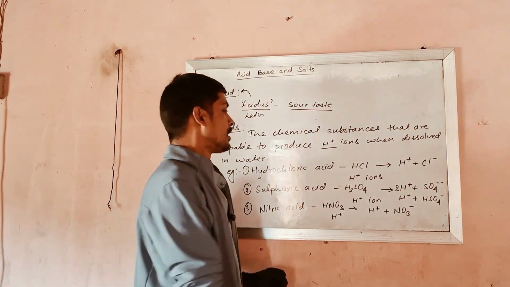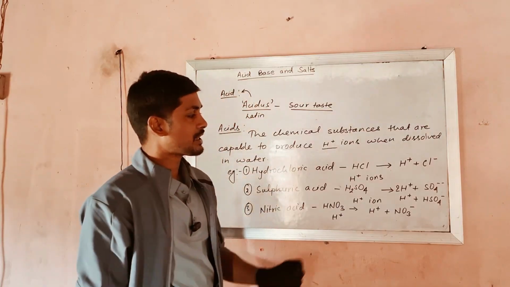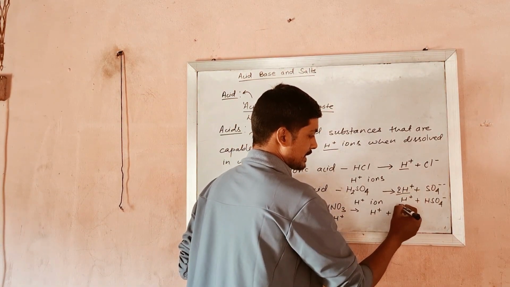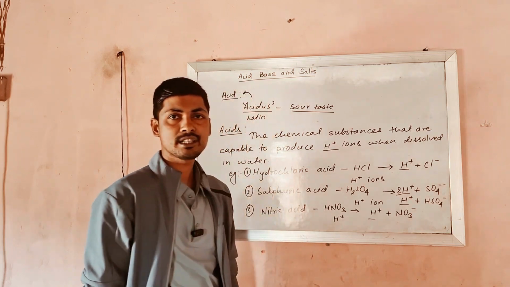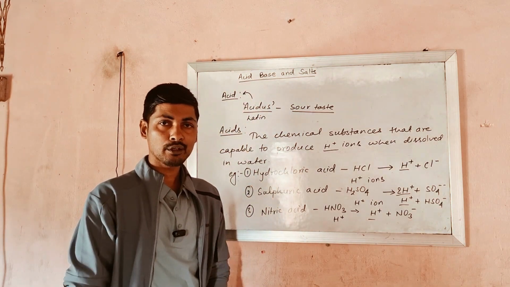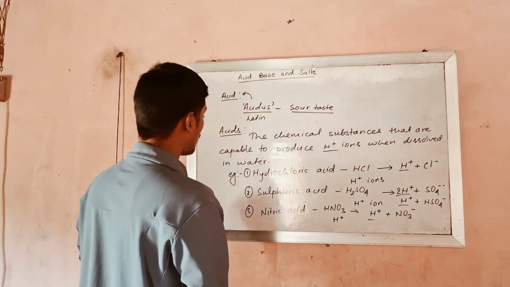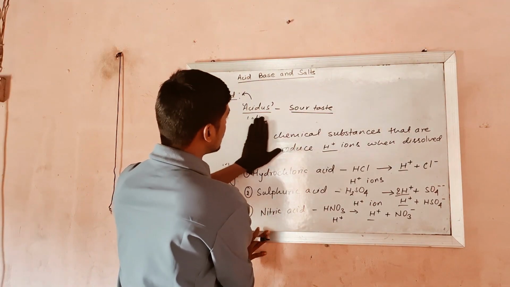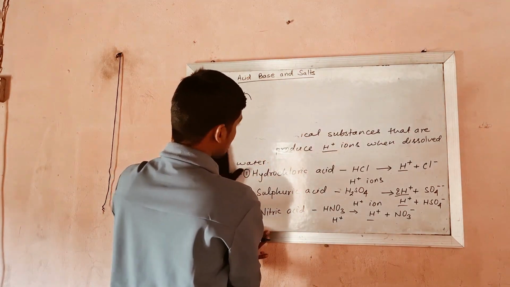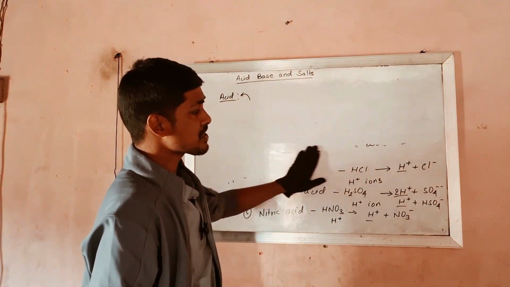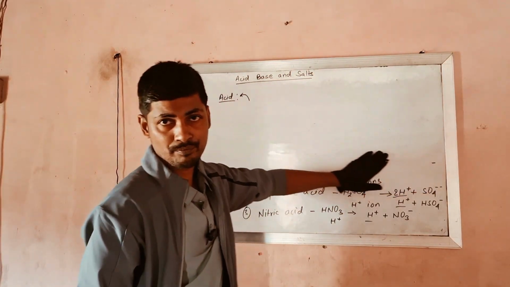So we see that one thing is common in acids, that is the H plus ion. If any chemical is capable of producing H plus ions, then it must be an acid. Now we have one question related to this: why are acids sour in taste?